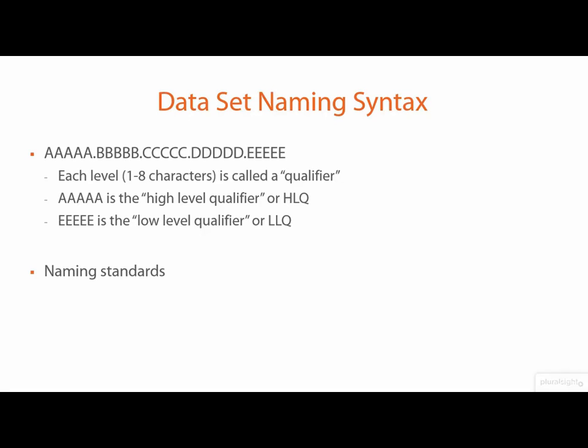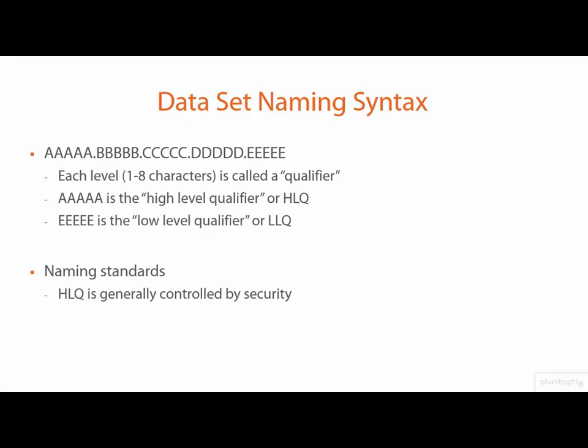The naming standards themselves for data sets are going to be installation established. As we'd indicated, very often you have security related issues, and you also have storage administration policies and other factors that can influence the names that are required. So the installation will normally have a naming standard that is going to be used for data sets, whether they be test or production.